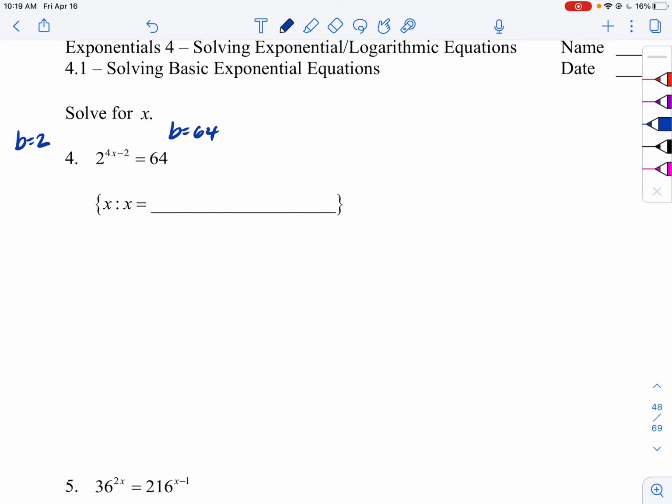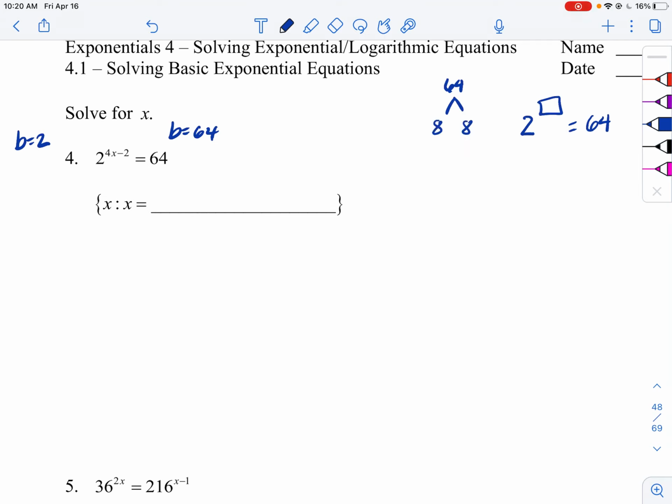So what does that mean? If you still do not know what the exponential form of 64 is, remember my target base is 2. What is 2 to the power of something to make 64?